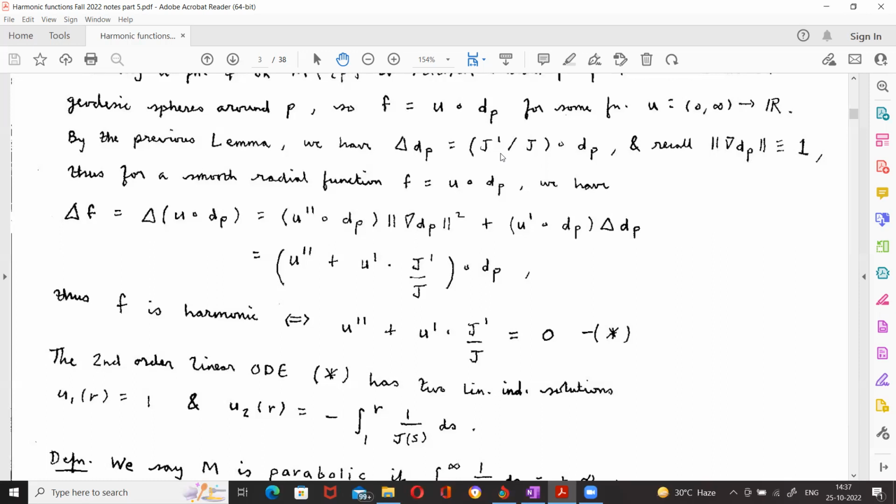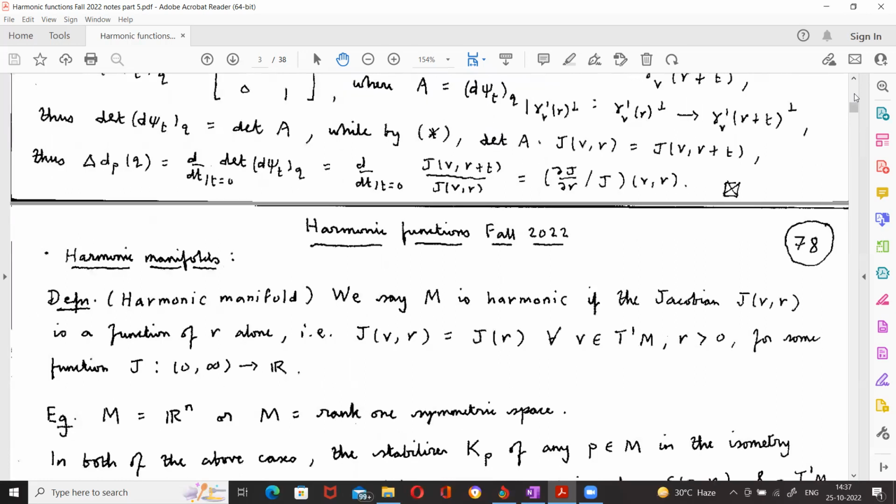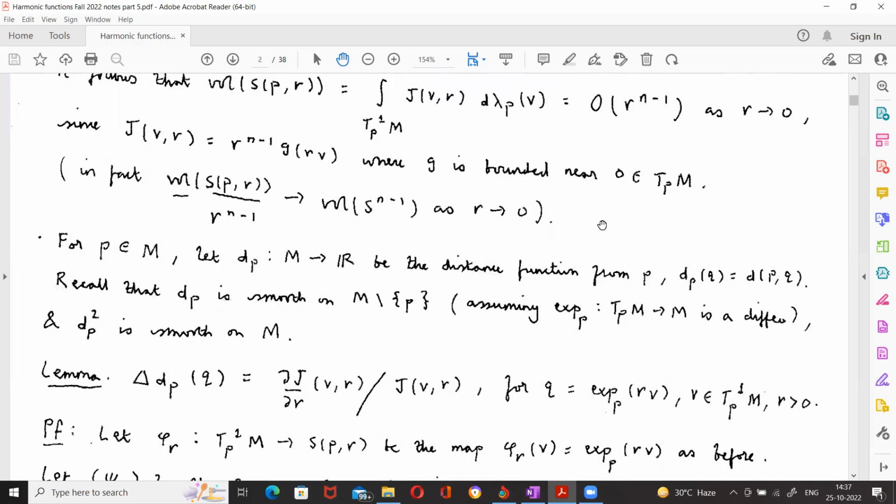This del j, del r by j, doesn't depend on v. So when you integrate this with respect to r, you will get that log j does not depend on v, and therefore j does not depend on v, right? I think that should be a correct proof.